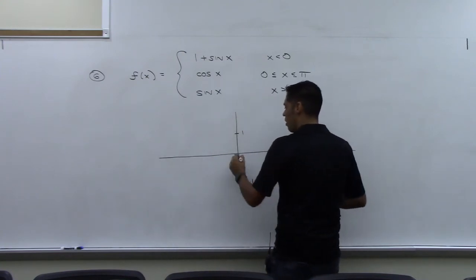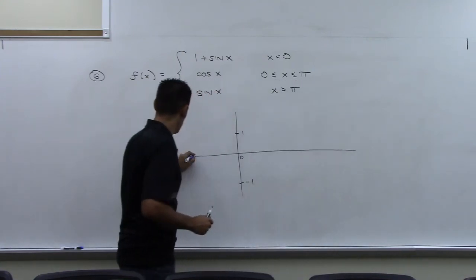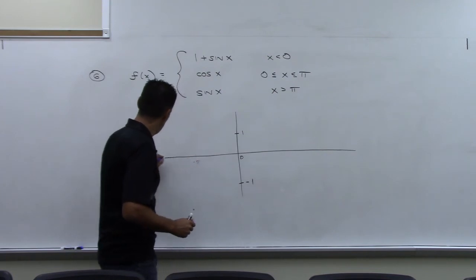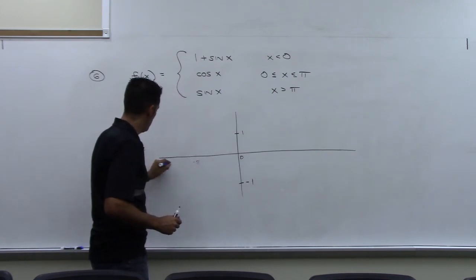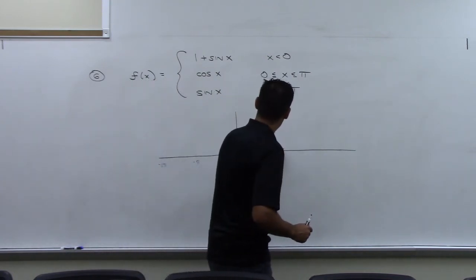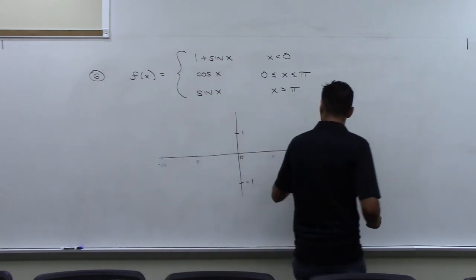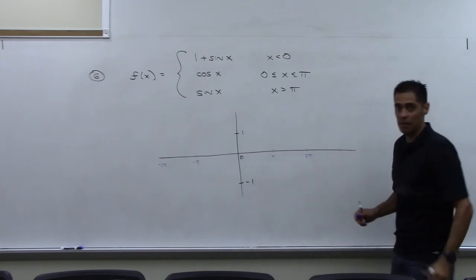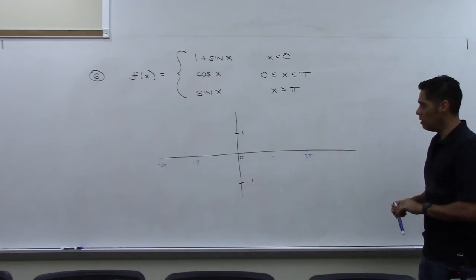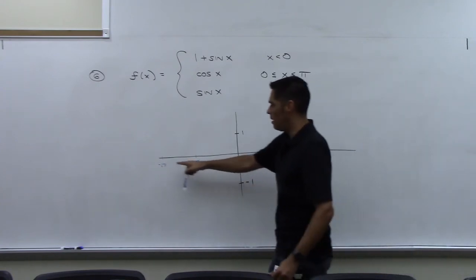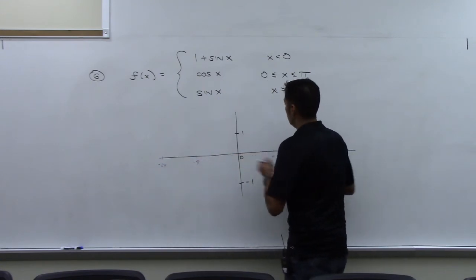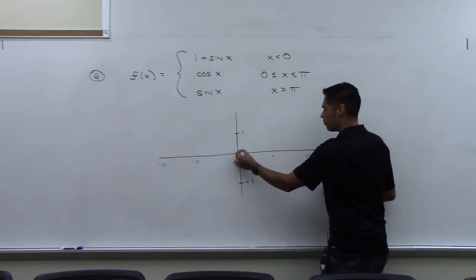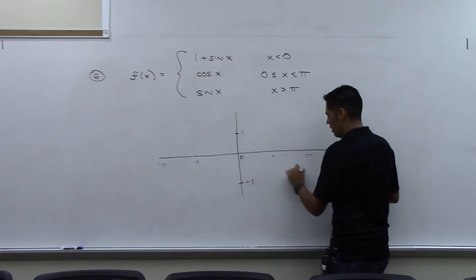And what I'll do is I'll draw what it would have been. Negative pi, negative 2 pi. May as well go over here and do the same thing. Pi, 2 pi. I hope you can see that okay. I know I wrote that really small. So a normal sine curve would go like this, right? You're going to go like this and then like this.